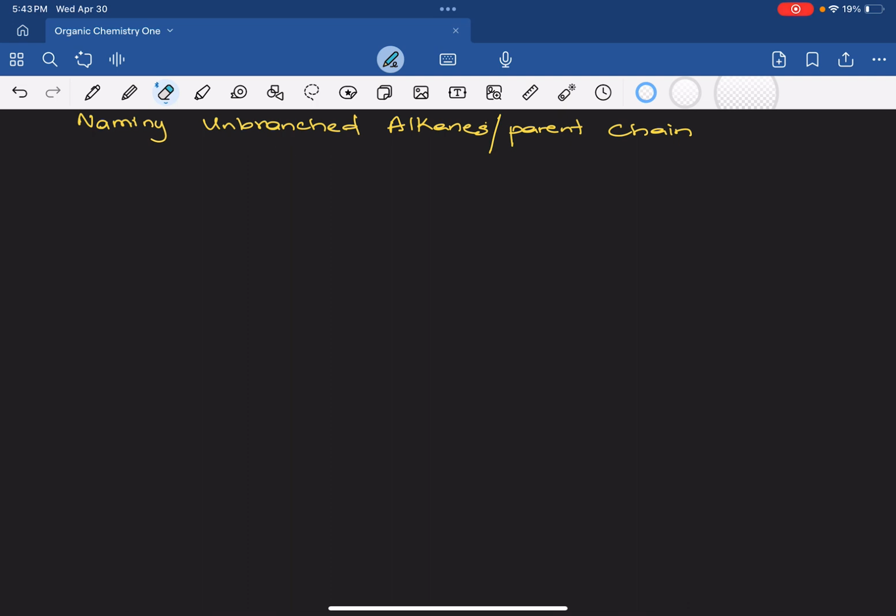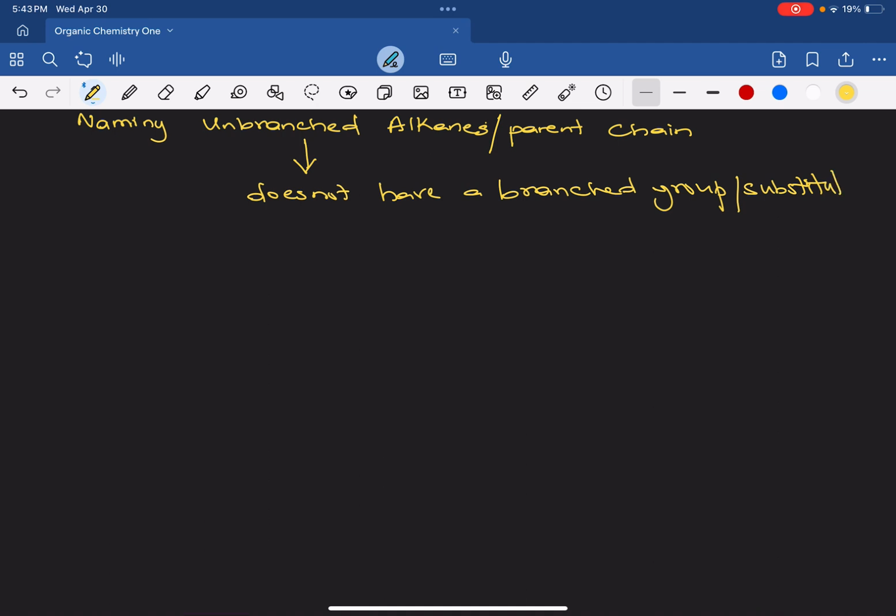An unbranched alkane, right, is an alkane that does not have a branch group slash a substituent, right?